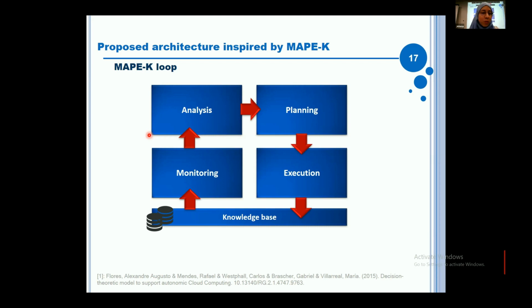The MAPE-K loop is composed of a data layer and 4 steps: the monitoring, analysis, planning, and execution. And in the following slides, I will explain the different modules of the proposed architecture and how we applied this architecture to the registration process.